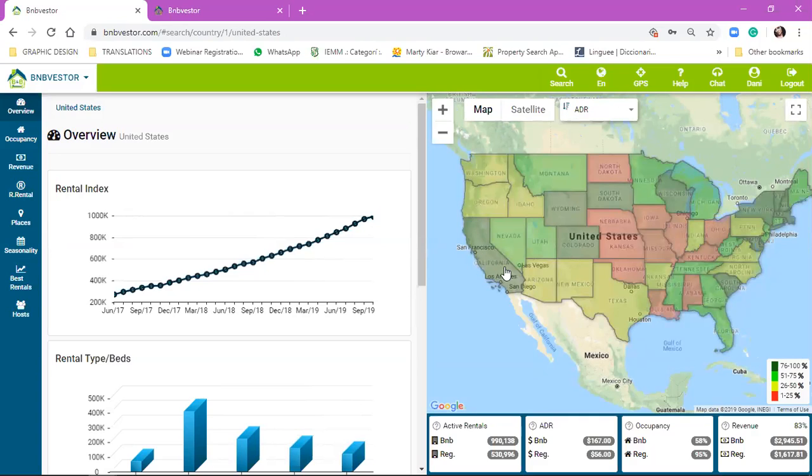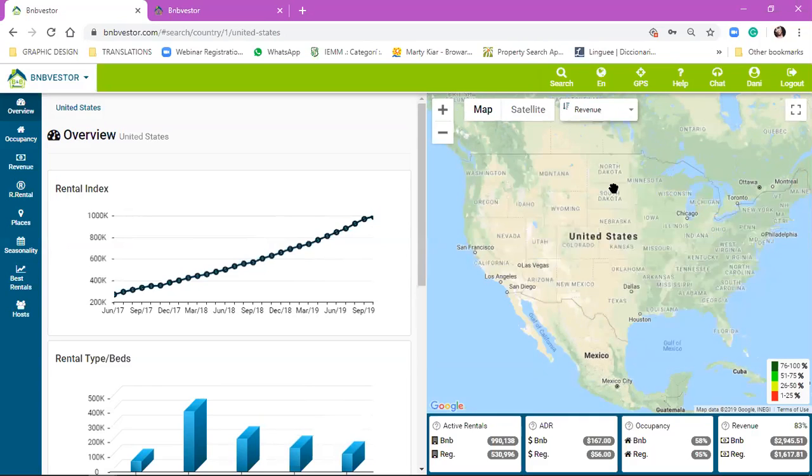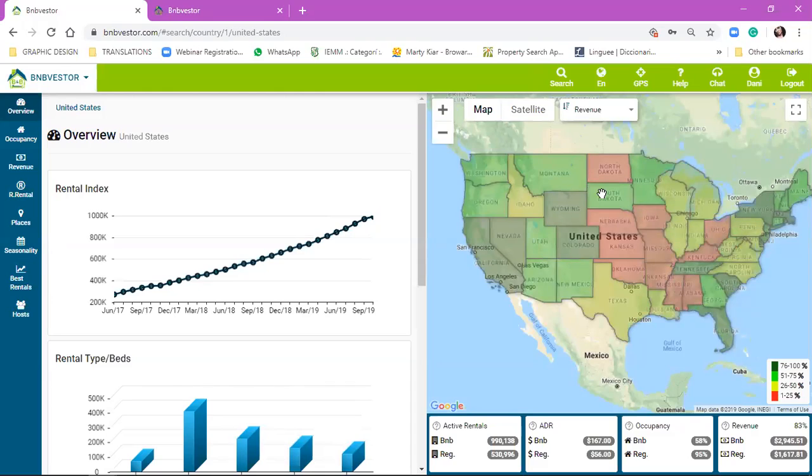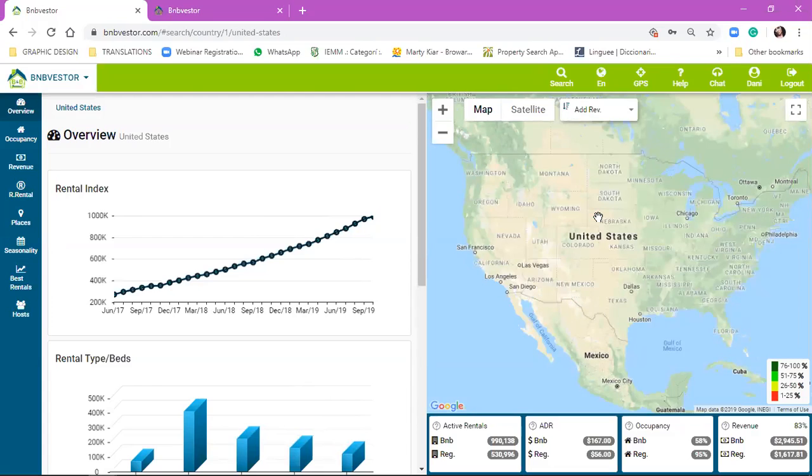You can see that California has maintained dark green ever since the very beginning. But it's going to surprise you in just a bit. Then we have revenue. It changed again. We see that the colors went down as well. And then additional revenue, which is what we're interested in looking at.